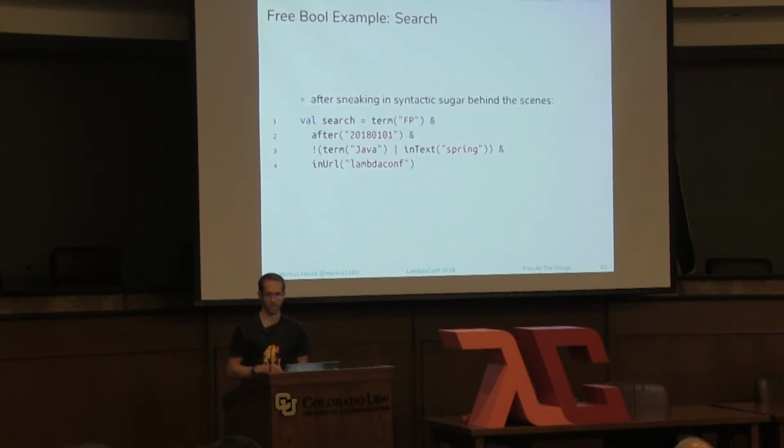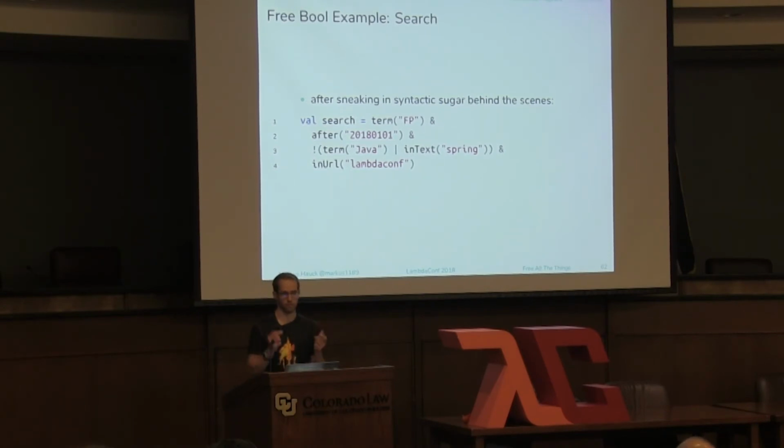And after sneaking in some syntactic sugar behind the scenes to get infix operations, you can write programs like this. So you have some search predicate that checks whether FP occurs in our terms, whether it's after the 1st of 2018, and it also makes sure that there's not Java or Spring in the text and in the terms, and the URL should have LambdaConf in it.